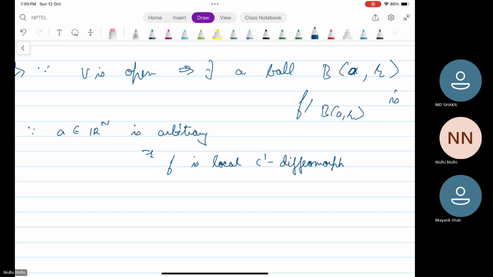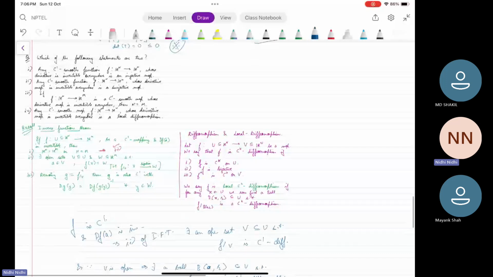So from here, our fourth option is correct. Till now we know that the third and fourth points are correct. The first and second are saying that this will be everywhere injective or everywhere surjective. Locally, using the inverse function theorem and the definition of diffeomorphism, we know that it will be injective as well as surjective, in fact bijective. But we cannot say anything about the whole domain.